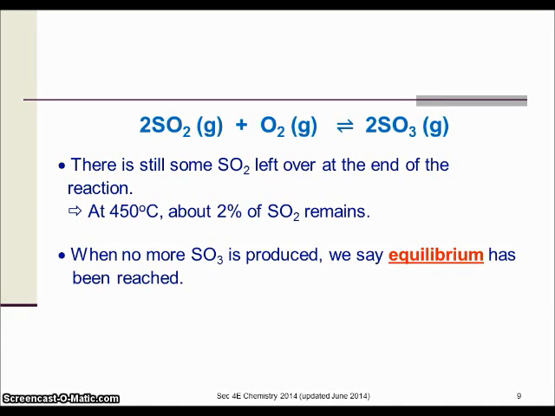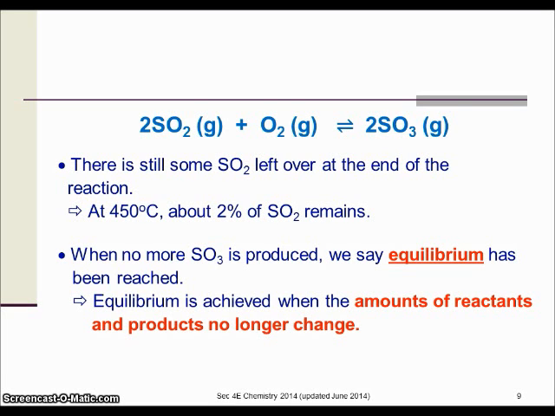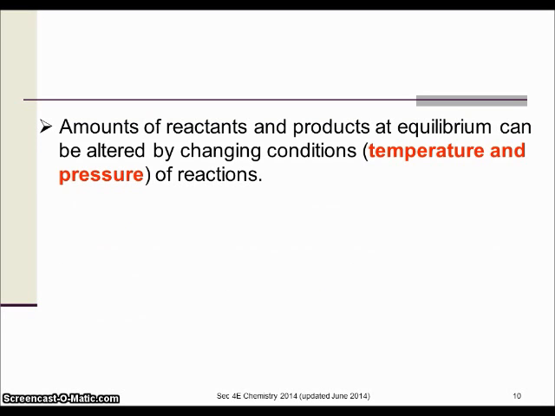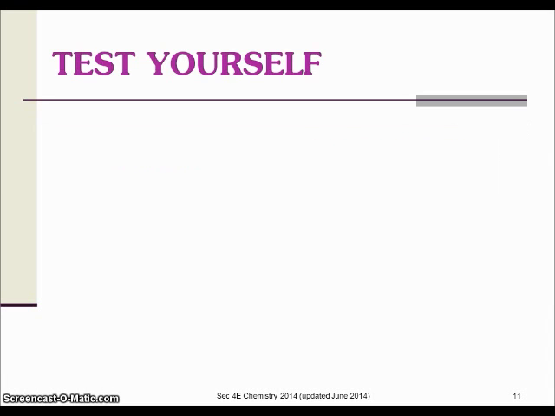When no more sulfur trioxide is produced, we say that equilibrium has been reached. Equilibrium is achieved when the amount of your reactants and your products no longer change. The amount of reactants and products at equilibrium can be altered by changing the reaction conditions, for example, your temperature or the pressure at which the reactions are carried out.